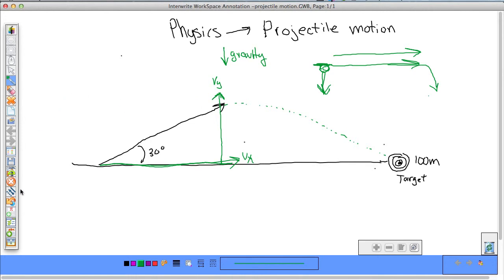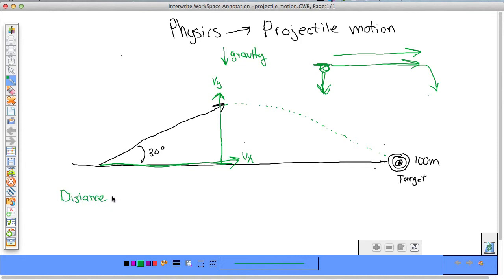Whenever you're doing any projectile motion question, your biggest thing is to divide up your vertical direction and your horizontal direction, so we can call that our Vx and our Vy. Let's get a couple of formulas here that will come in handy.